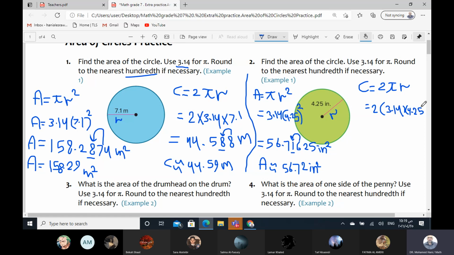Mr., why are you calculating the circumference? I added this question. It is not included in the book. I added this question, okay? Because I want to revise the area and the circumference.